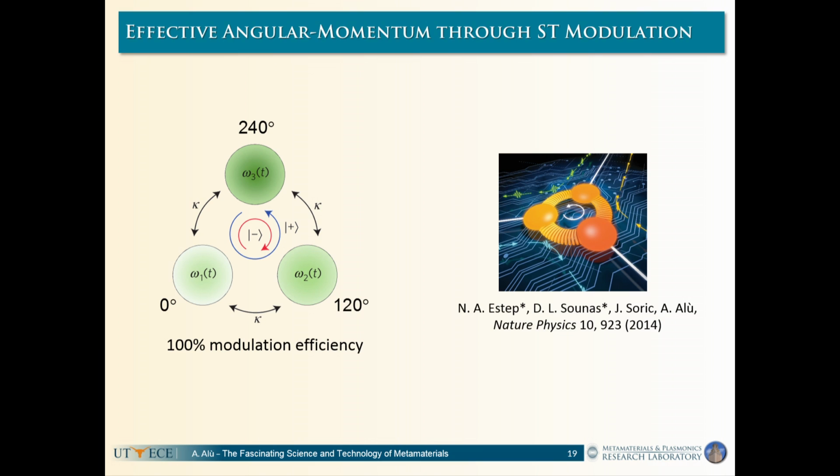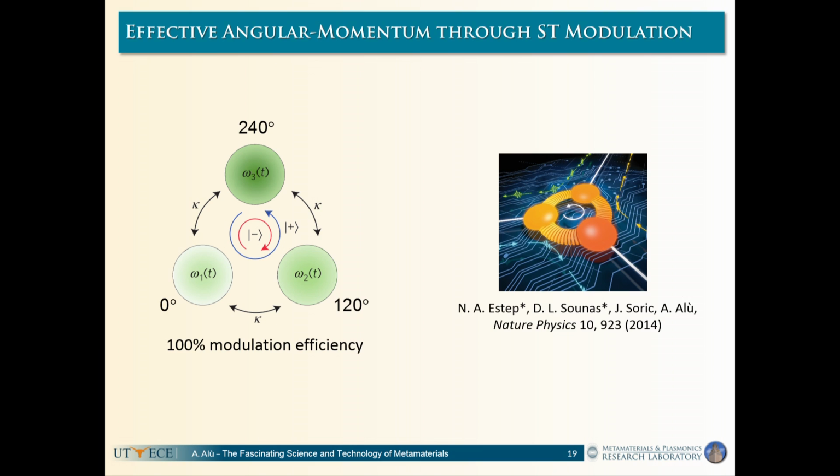We also extended this idea to electromagnetic waves. They go much faster than sound, so you cannot really spin your cavity mechanically like what we did for sound, but you can spin it electronically. You can build 3 resonators and modulate them in time such that the circuit looks like it's spinning for an impinging signal.